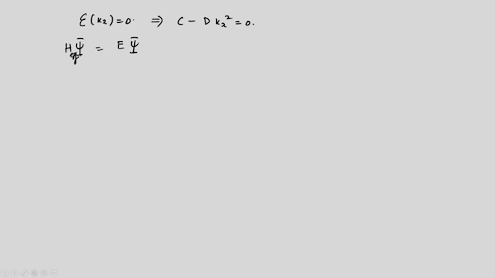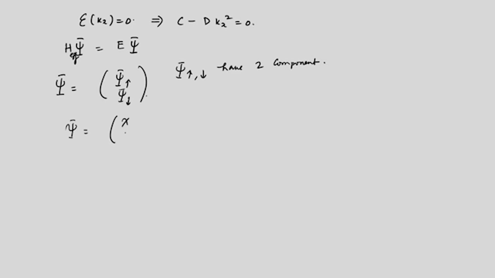Psi is of course a two component spinor, which is psi up and psi down, each of them a two component spinor. So, psi up is equal to some chi into 0, and psi down is equal to 0 chi.